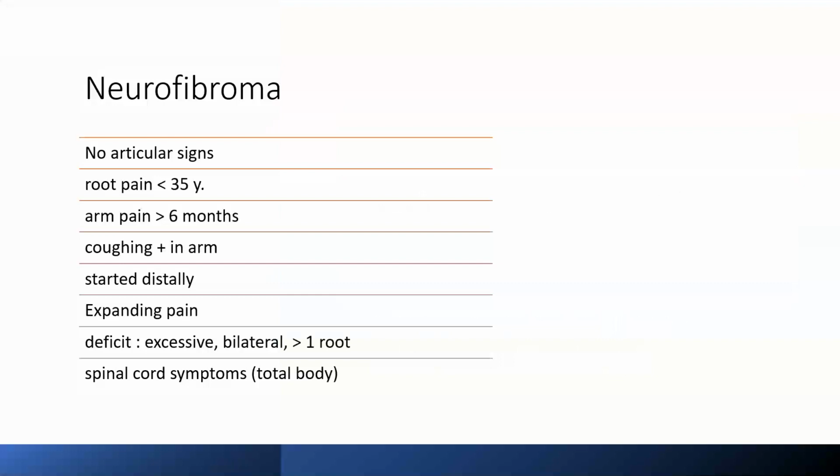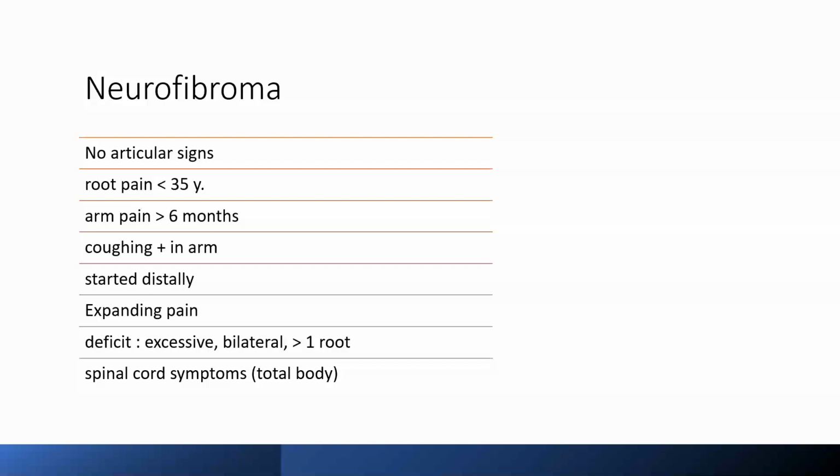But to summarize, when do you think of a neurofibroma? Well, you don't have articular signs, so the articular movements look pretty good. The patient is too young to have root pain by a disc. The arm pain gets even worse after 6 months, so you can't correlate that with an internal derangement.